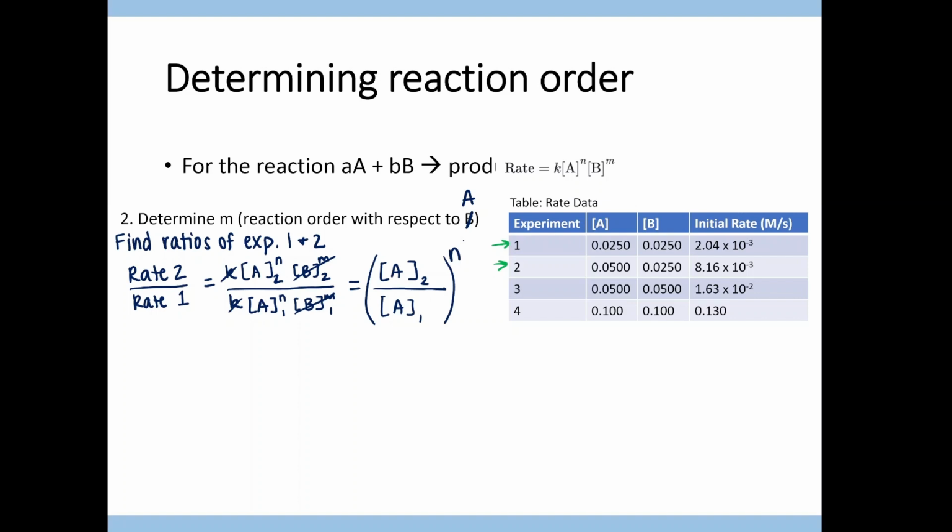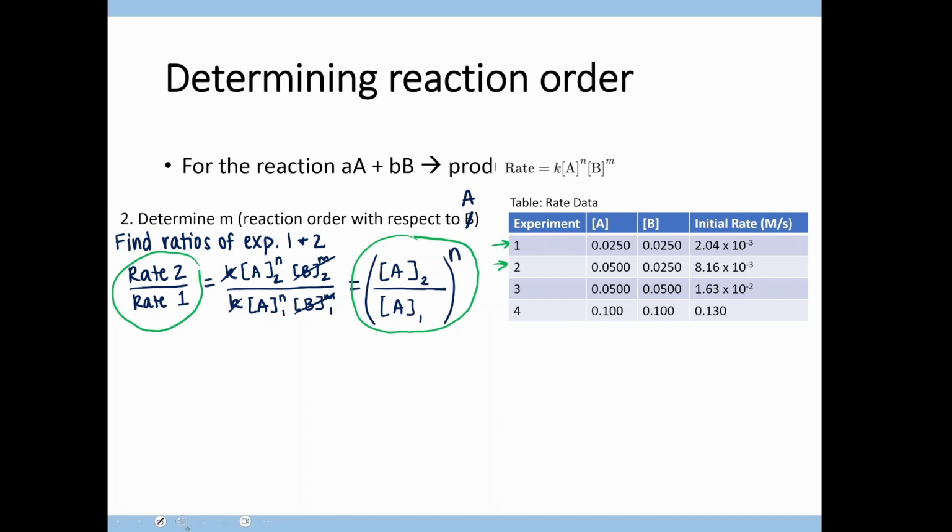This is helpful for the next part. So getting to this: rate 2 over rate 1 equals the concentration of A at time 2 divided by the concentration of A at time 1, all of that raised to the power of n, which is the reaction order with respect to A.